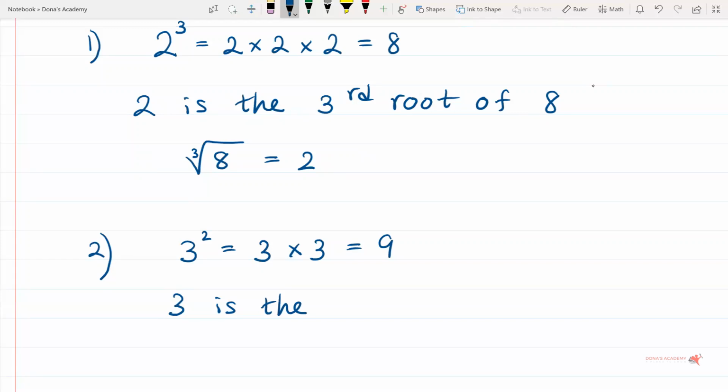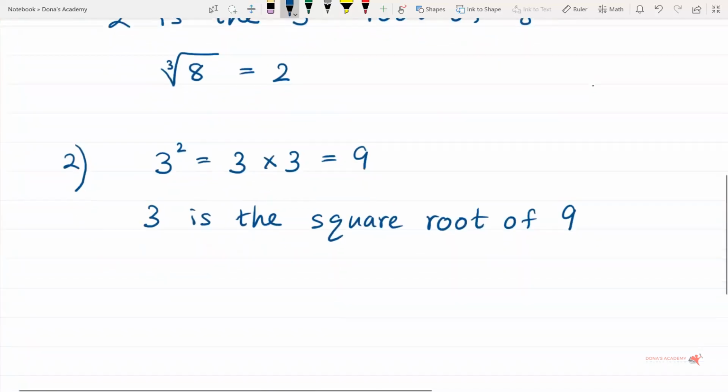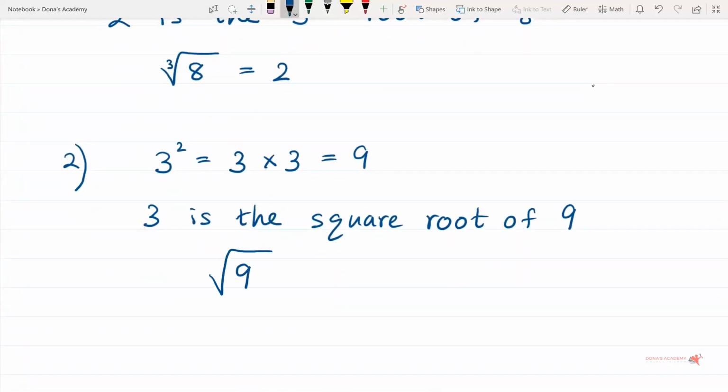However, the standard is square root of 9. And if you use the symbols, we write 9 and then we use this symbol. It's not necessary to put 2 here because sometimes we just use this symbol to denote the square root or the second root. And this is equal to 3.